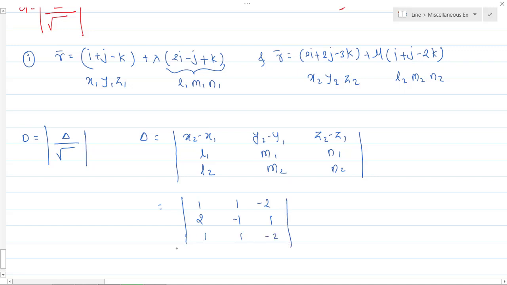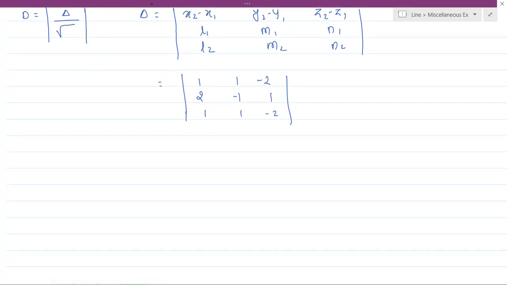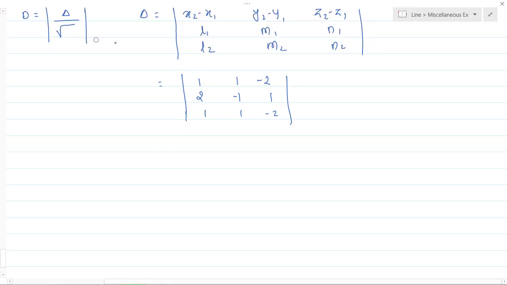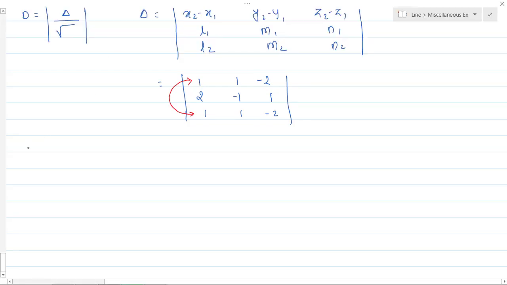Now let's solve this determinant. But do you think we really need to solve it? No, boss, because if you see, the first row and the second row elements are exactly the same, and you know that whenever any row or any column is the same, the determinant is directly equal to 0.